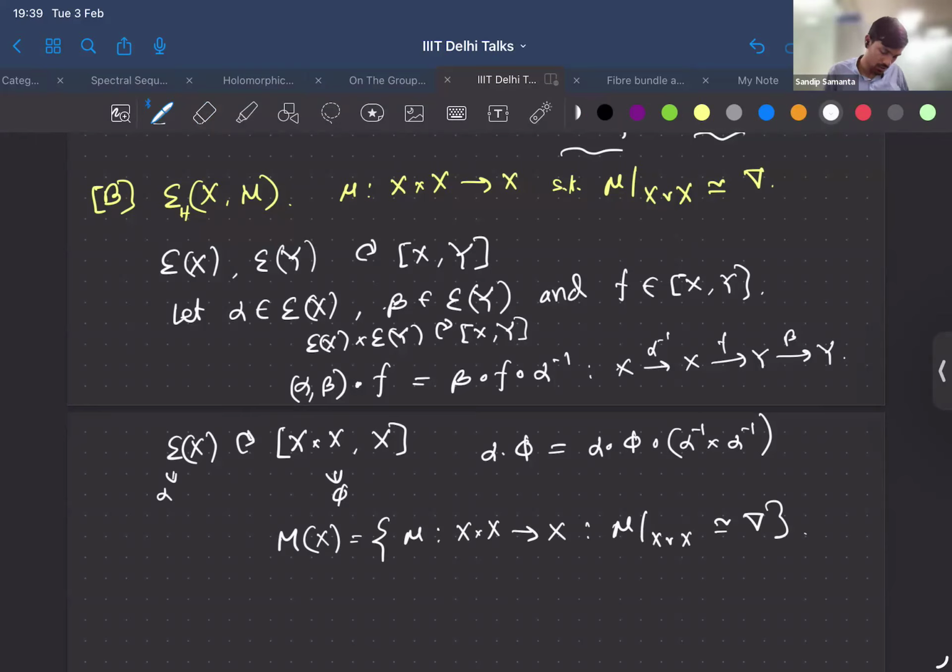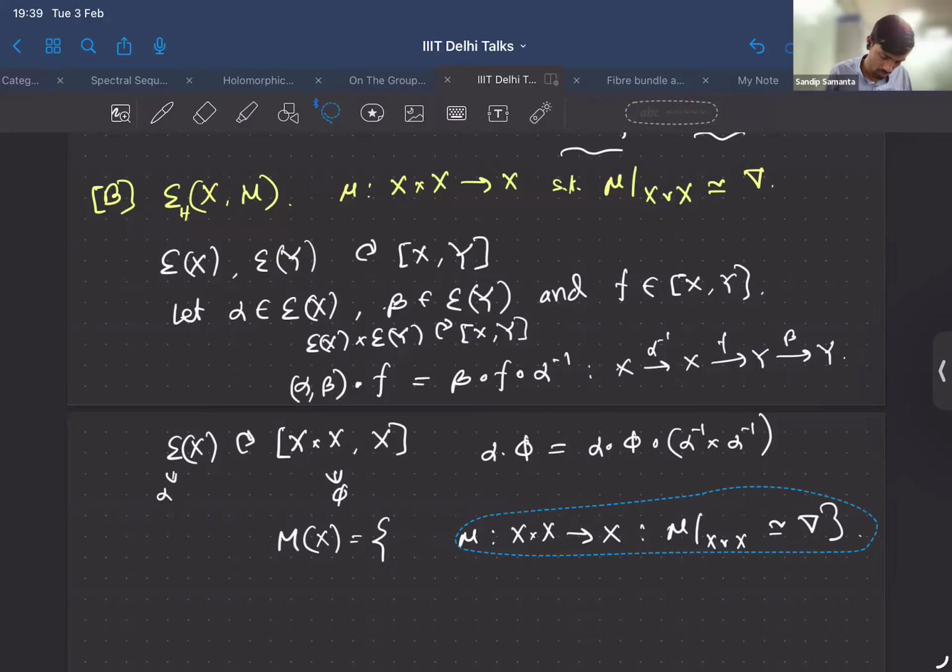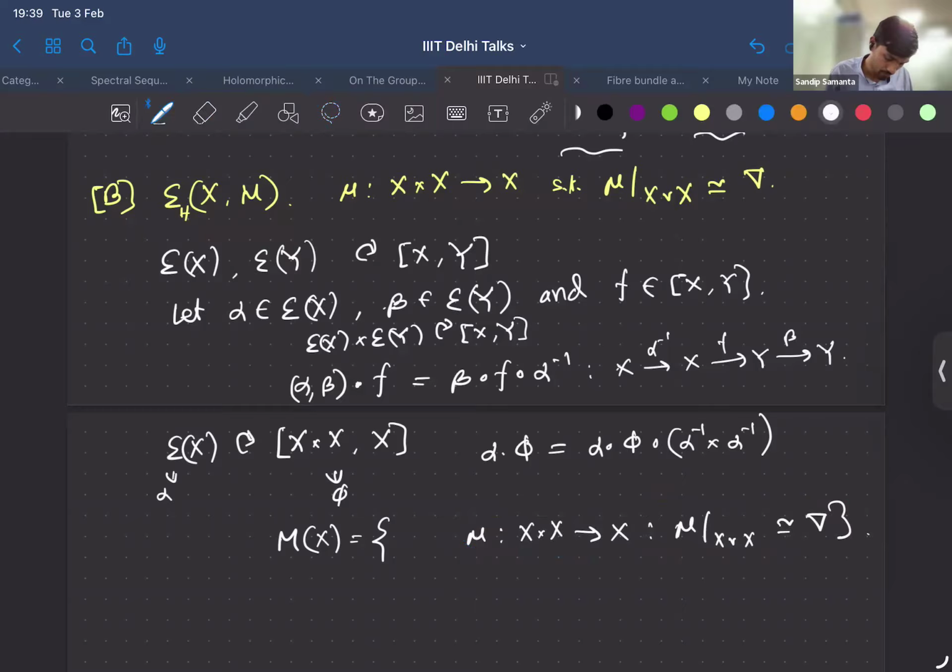So it's just the collection of all possible H-space structures on X, up to homotopy class of mu. So this is clearly a subset of x cross x comma x.